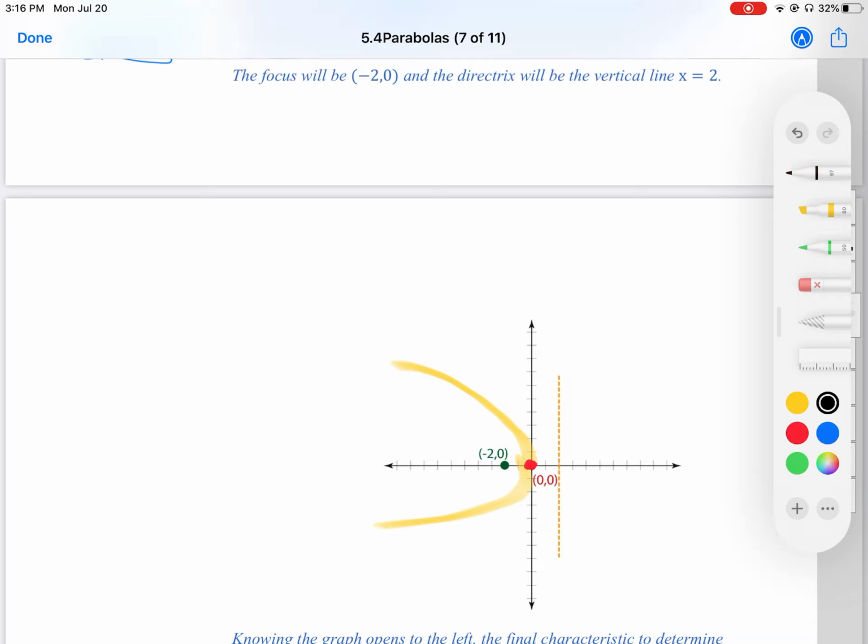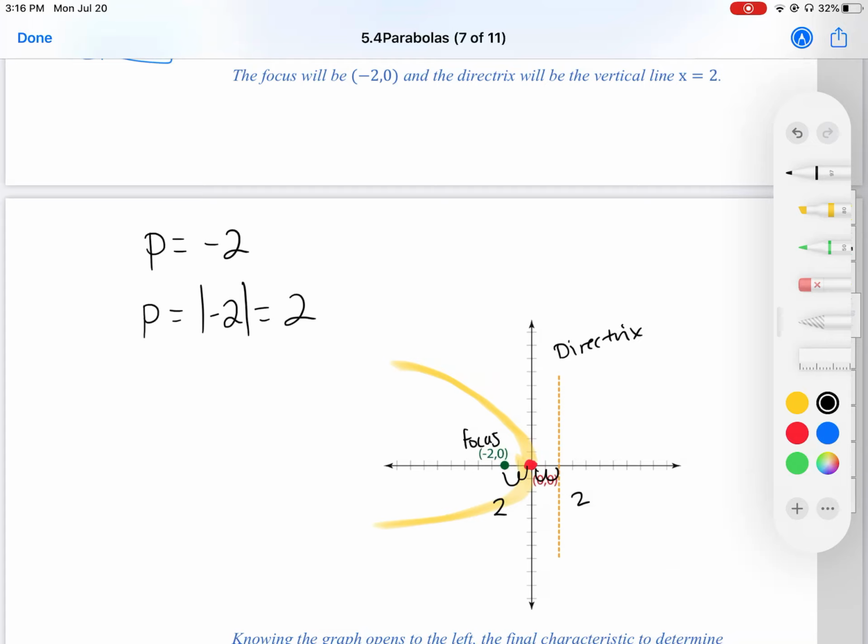Now we're going to take our p-value, which was negative 2, and we want the distance of it, so just the number, not the sign. And we're going to move that number p inside: 1, 2, and then away, 1, 2. When you move inside, that's going to give you your focus point. When you move away from your parabola, that's going to give you your directrix.